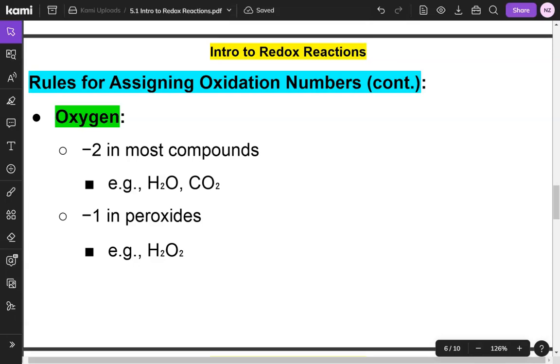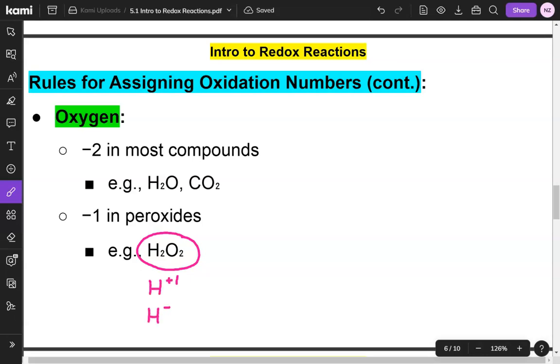Okay, oxygen in most compounds will be -2. It's pretty safe to assume that oxygen is going to be -2. Peroxide, which is H2O2, in this case, oxygen will be -1. So let me just explain how this happens. So hydrogen is +1.